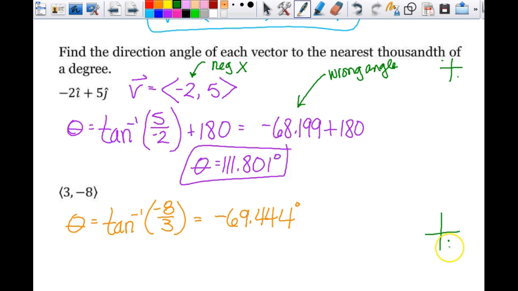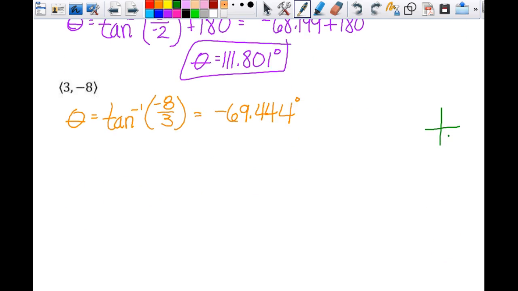So it really is the right value, but we prefer to talk about them as positive angles most of the time. So in order to get the correct form, not that this is the wrong angle, what do we do with this number? Add 360. So you can add 360, and that just gives you the positive angle, and what do you get? Good.